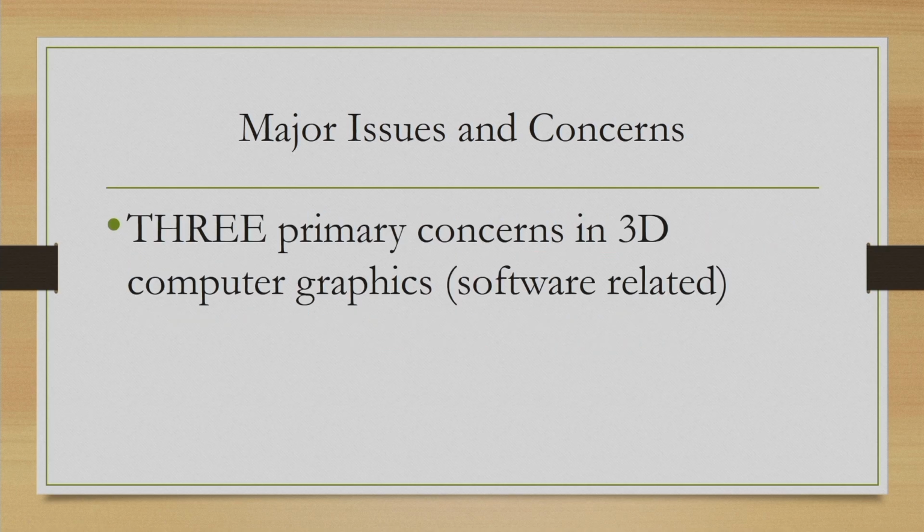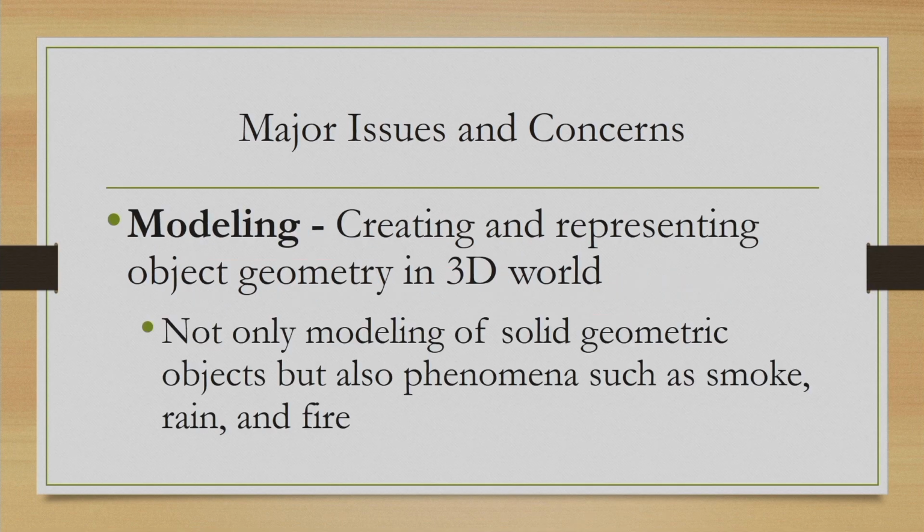In the context of 3D graphics and animation, there are 3 primary concerns related to software development for the system. One is modeling, which essentially means creating and representing object geometry in the 3D world.